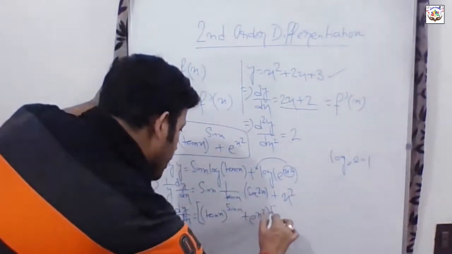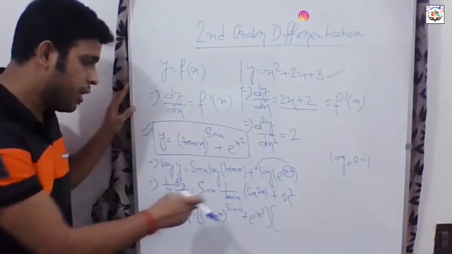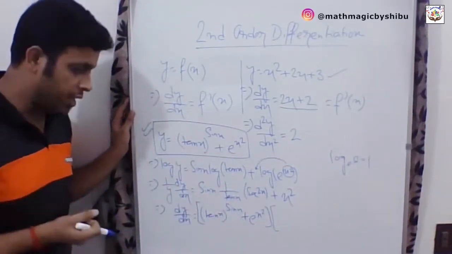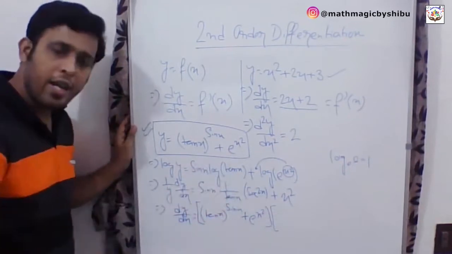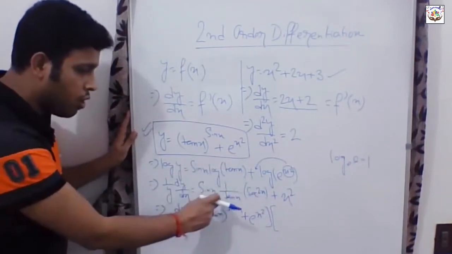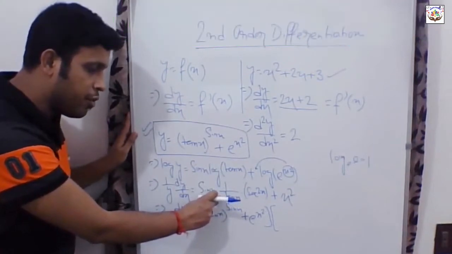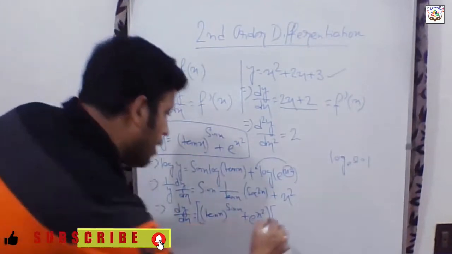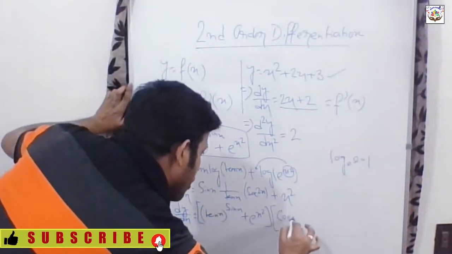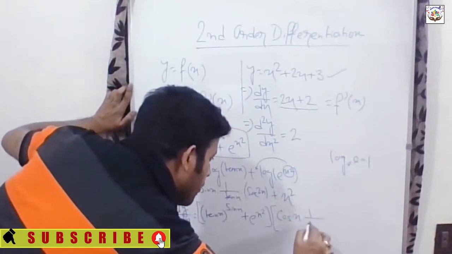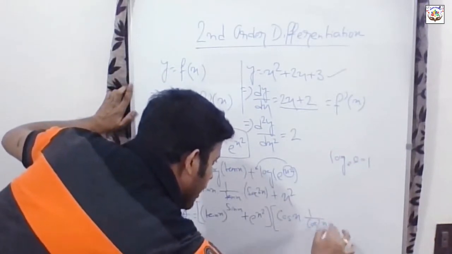Okay, so in the right hand side we have sin x by tan x equals to cos x, and we have sec square x, so it can be considered as 1 by cos square x. So cos x will be in the numerator and cos square x will be in the denominator. Like for sin x by tan x it will be cos x, and for sec square x it will be 1 by cos square x.